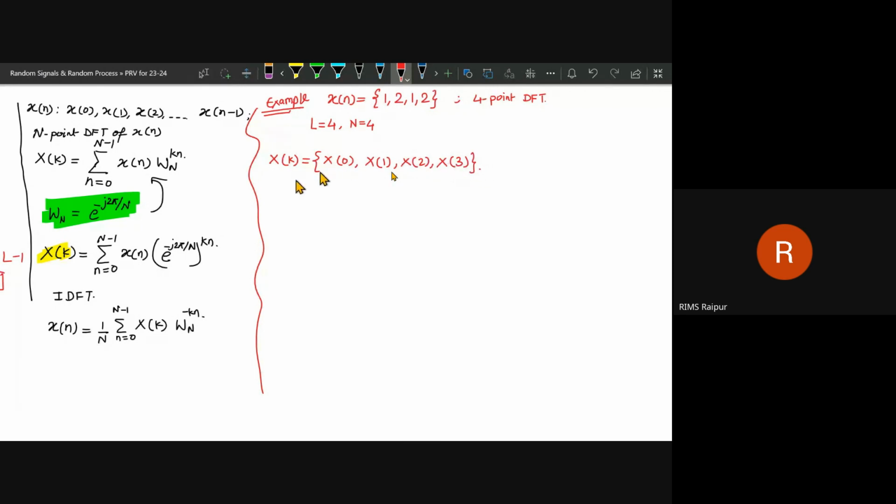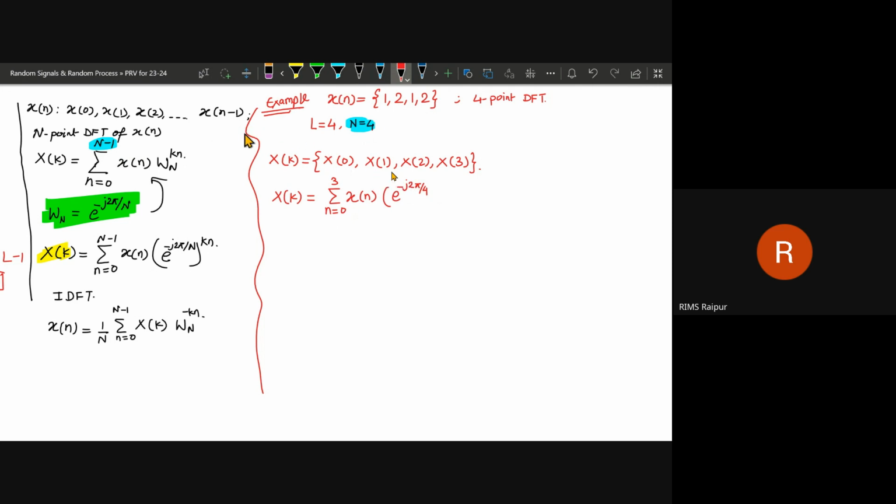Correct. Now how we can find x of k? So the expression for x of k is summation n is equals to 0 to n minus 1. Correct. So the value of n is 4 in this case. So 4 minus 1, so it will be 3. So here the summation is from n is equal to 0 to 3. Also we will write x of n here, and e raised to power minus j 2 pi upon 4.